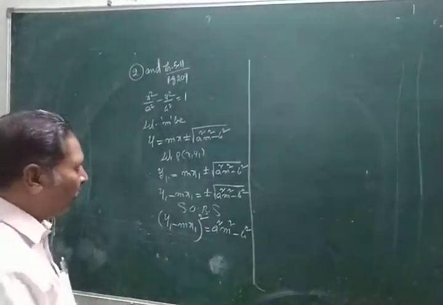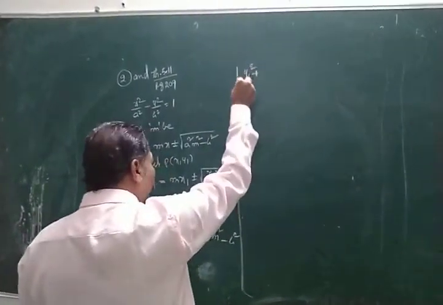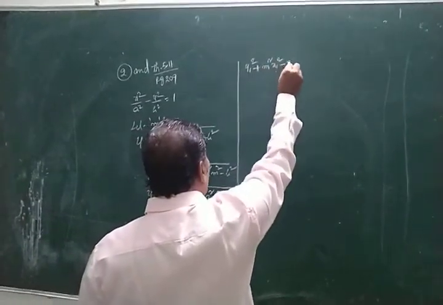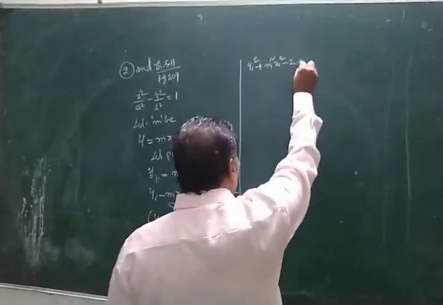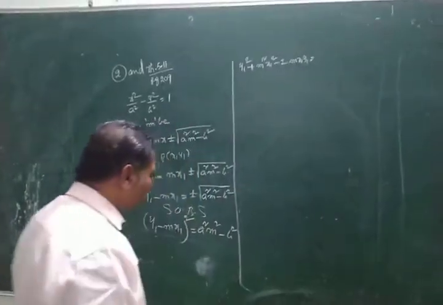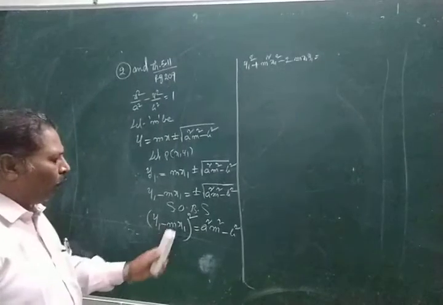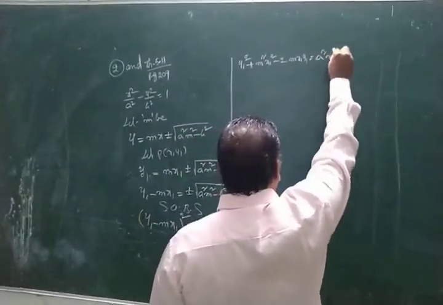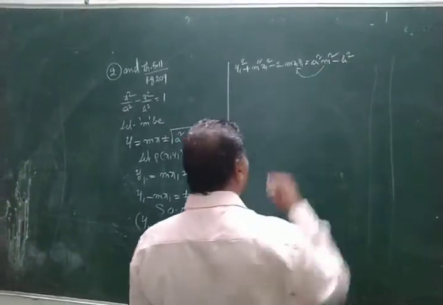Expanding this whole square: y1 square plus m square x1 square minus 2m x1 y1 equal to a square m square minus b square.